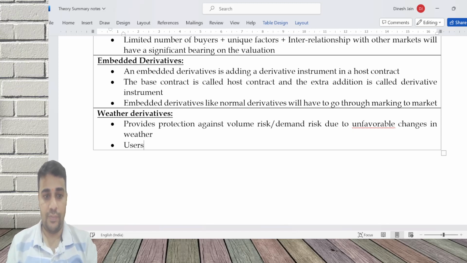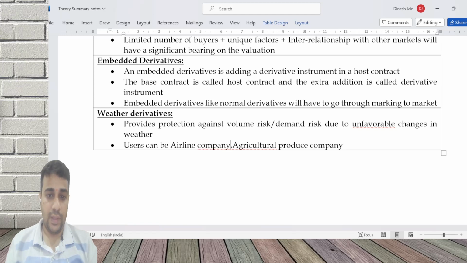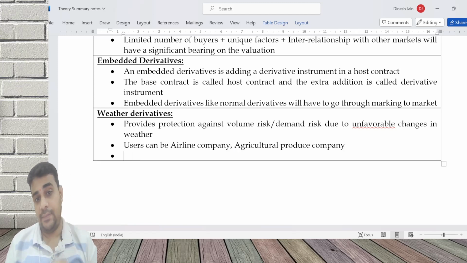Users can be an airline company, a farm agricultural produce company, or even an ice cream company, because if the weather is extreme, the ice cream business can get impacted.